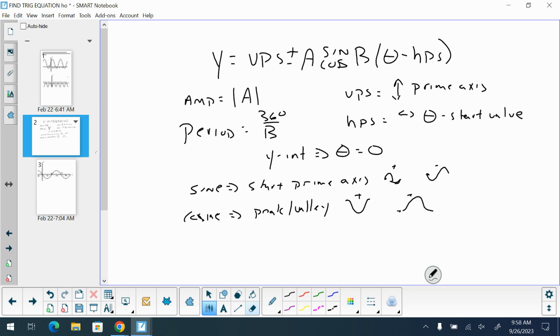In problem number 4, they gave you a horizontal phase shift of 6 and a period of 72. I'm not going to give you that. In problem number 7, they give you a horizontal phase shift of 17 and a period of 360.